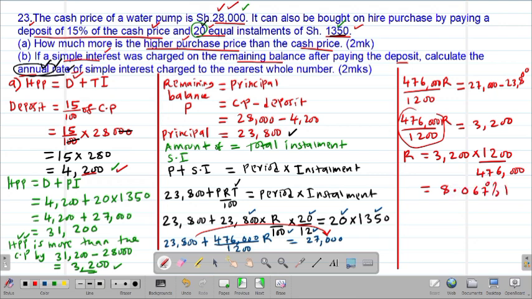This one is per annum. But the question wanted us to give our answer, the annual rate of simple interest charged, to the nearest whole number. Therefore the rate will be 8% per annum, because we were told the annual rate. So that was the rate per annum.